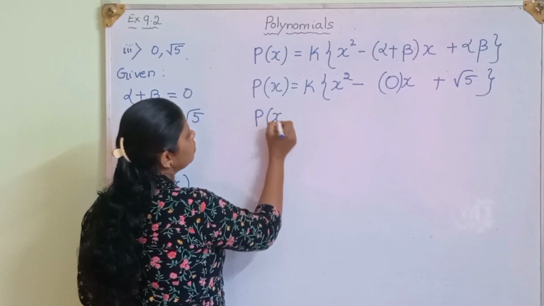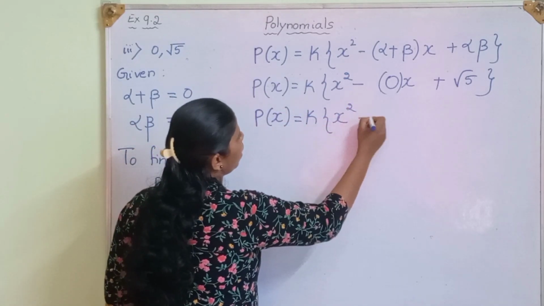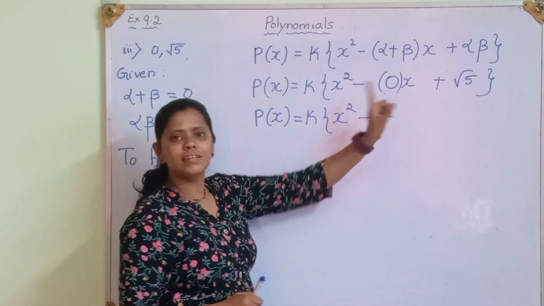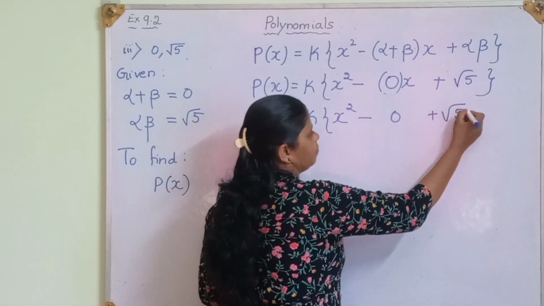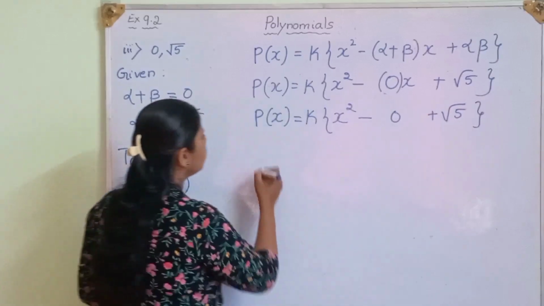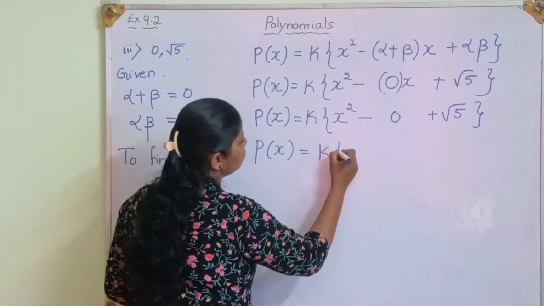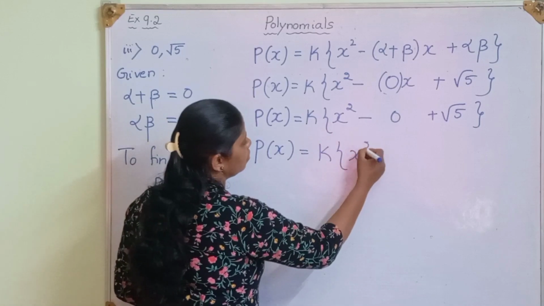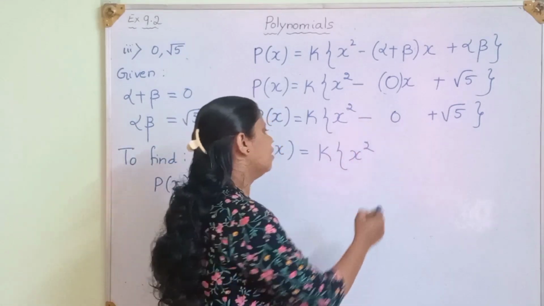P of x is equal to k into x square minus 0 into anything is 0, plus root 5. P of x is equal to k into x square minus 0, no need to write this one, plus root 5.